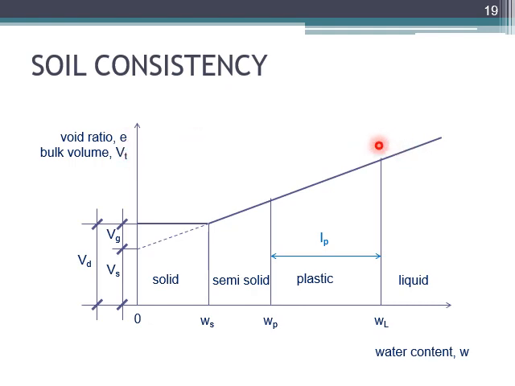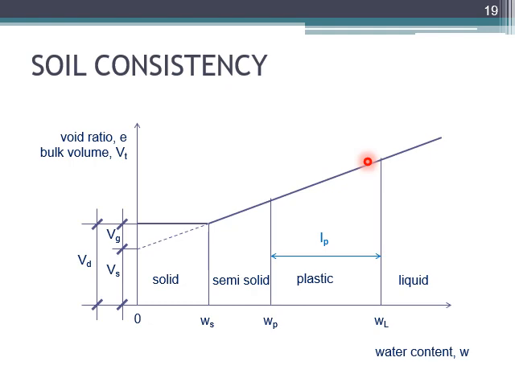So we are starting at this point. The specimen has a very high value of the water content, and it's showing liquid behavior. The sample is, of course, fully saturated, so all the voids are filled with water.